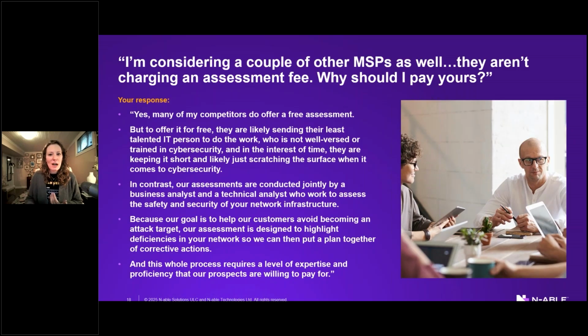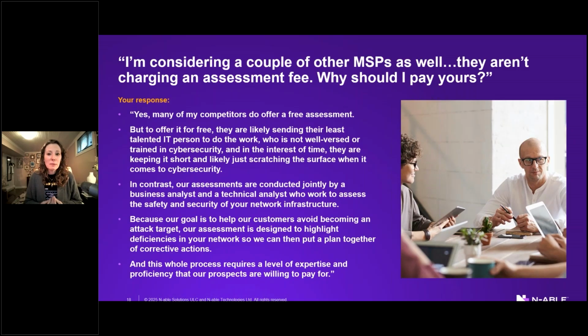They're probably just scratching the surface when it comes to cybersecurity, whereas our assessments are conducted jointly by a business analyst and a technical analyst. They work together to really assess the safety and security of your overall network infrastructure, because our goal is to help our customers avoid becoming an attack target.